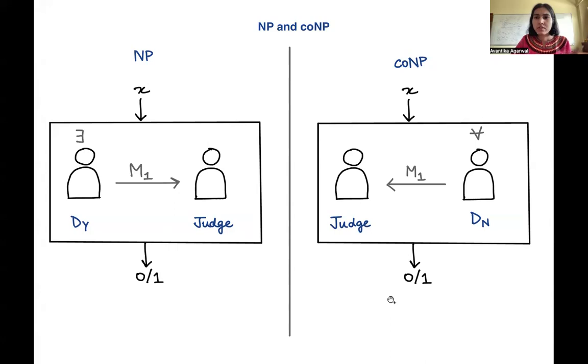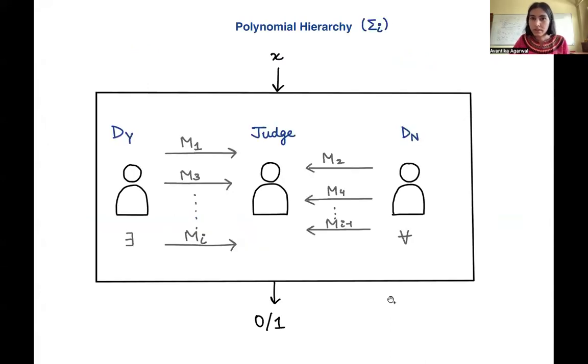Now, instead of considering these classes NP and co-NP, where the judge just talks to one of these debaters, we can start to consider bigger complexity classes of problems which can be solved using an i-round debate between the two debaters. This gives us the ith level of the polynomial hierarchy. Again, what is the setup?